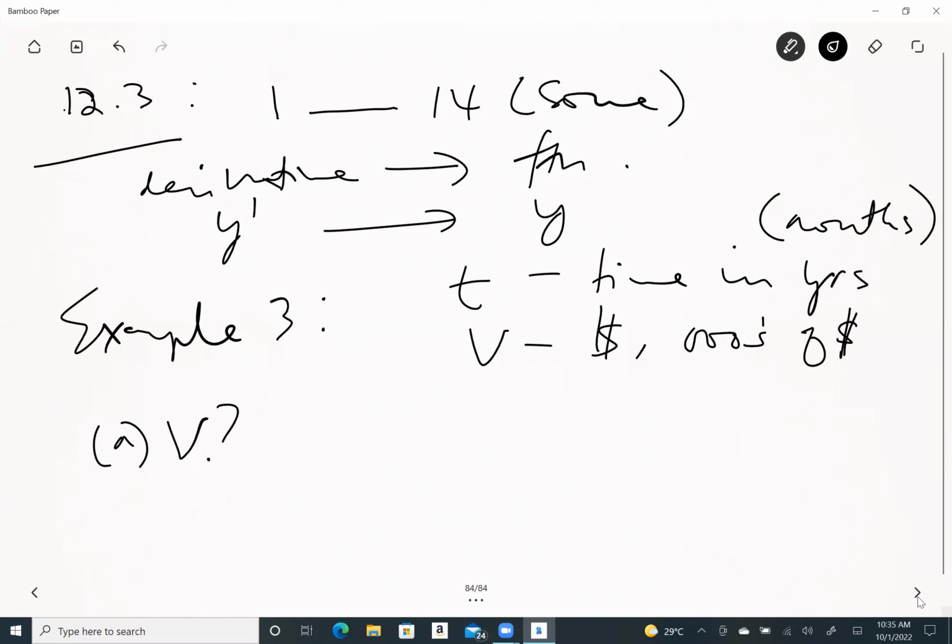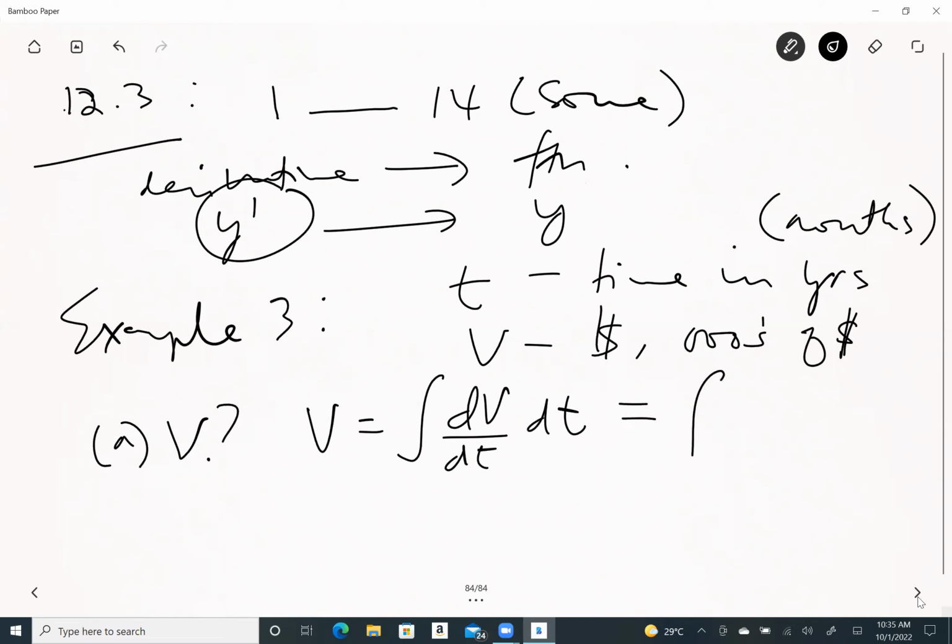You are given the derivative, so to get the value you have to integrate the derivative dV/dt. Sometimes they give you V prime, same thing. You have the rate of growth and you want to find the value, so we integrate.